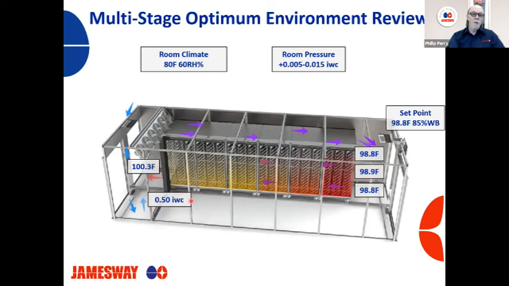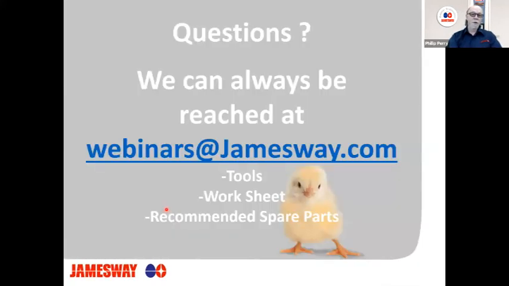And then measuring our pressure differential from the entrance into our egg side, for a Super J, we're going to say 0.50 inches water column. And then we would measure from there out into the hall. We should get a 0.30. And so to give us our correct optimum environment, which would give us a 0.20 on our opposite side for the correct reading. So that kind of brings us to the end.